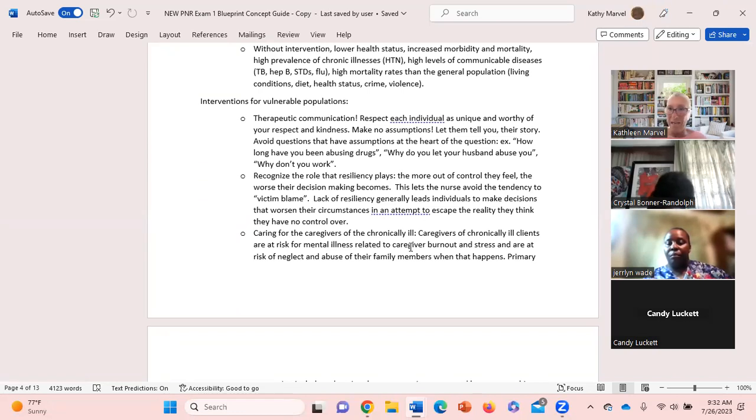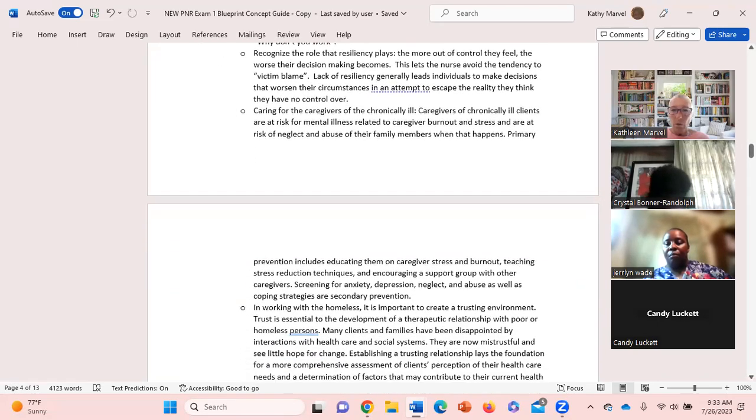We don't want them to be at risk for neglect or abuse, right? We want to make sure we have a handle on them as well. Maybe we educate them on how to reduce stress, because we recognize that it is a very difficult role.